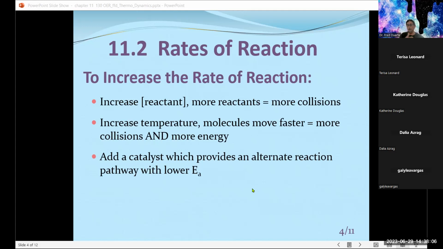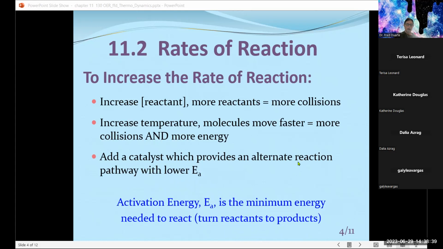Whereas before it would require high temperature for it to occur, maybe now you could have it occur at room temperature or much lower temperatures. Also, some catalysts will actually grasp the reactants, I want to say lock them in, and put them in such a position that the orientation is correct, which increases the chance of the reactants coming together with the right orientation to produce the product.